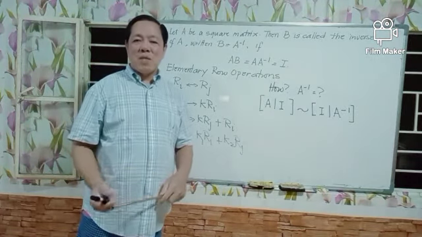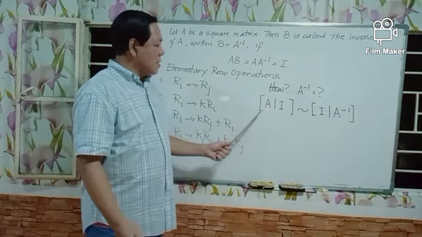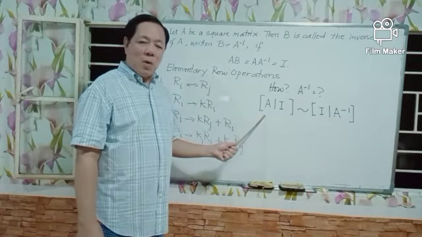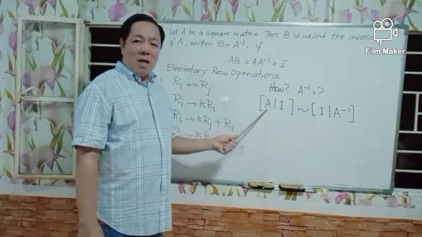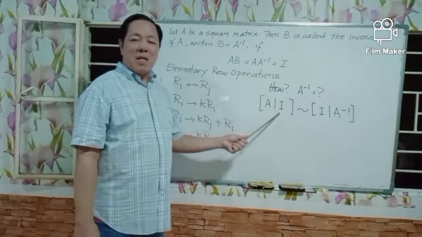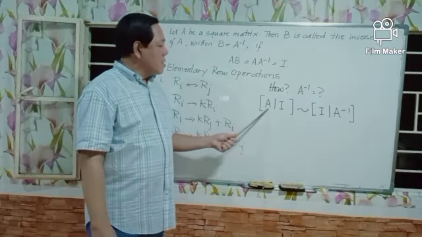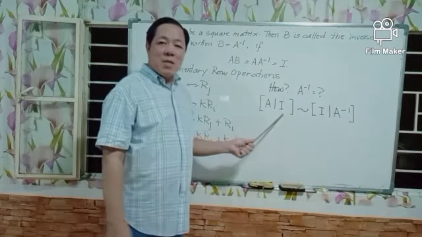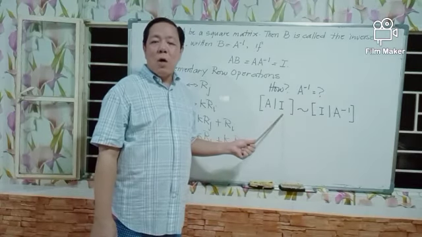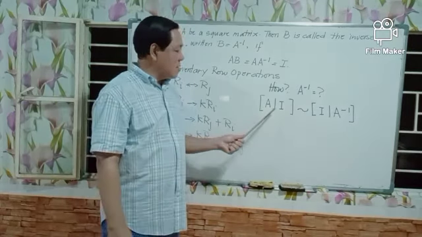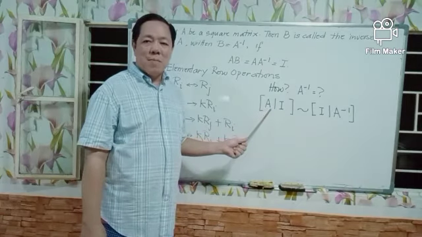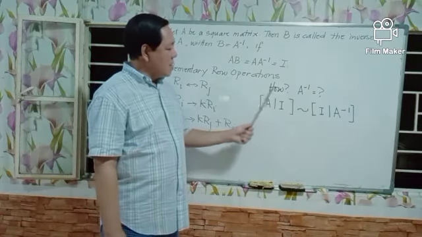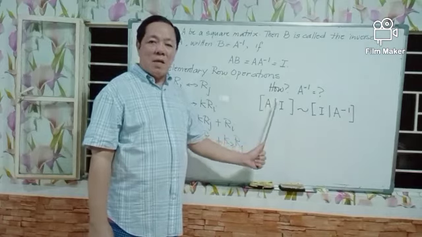To get the inverse of a square matrix A, we write initially a matrix of this form: the matrix A and the identity matrix I. The given matrix A is a square matrix and the identity matrix is a square matrix whose size is the same as the size of the given matrix A. And their entries are separated by this vertical line.